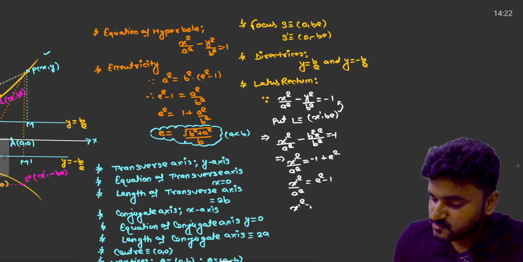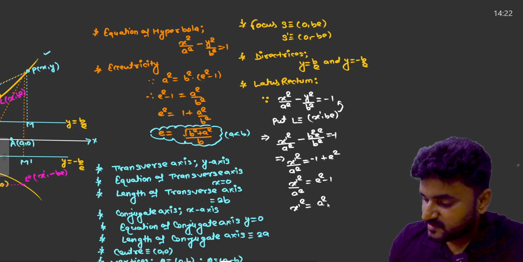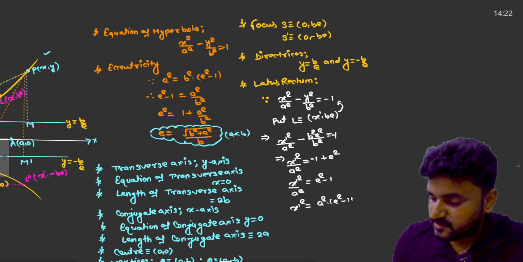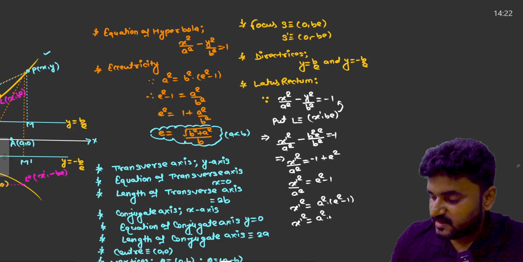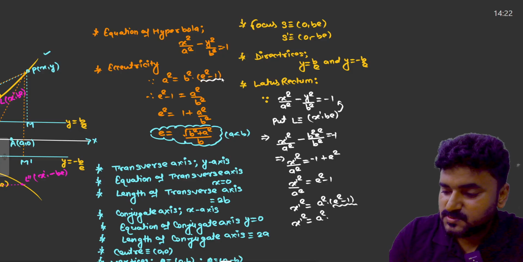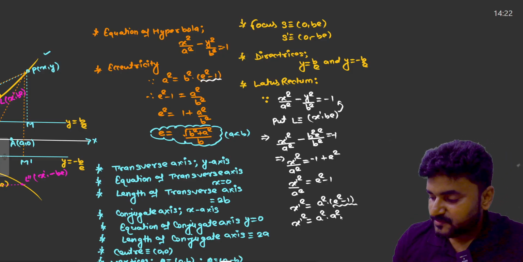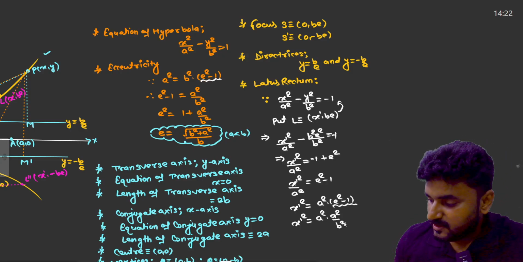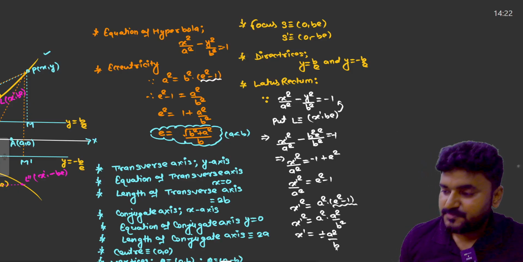So x dash square equals to what? a square into e square minus 1. So x dash square equals to a square, and this e square minus 1, you can see here, we can write a square by b square. Okay. So my x dash value is coming plus minus a square by b.